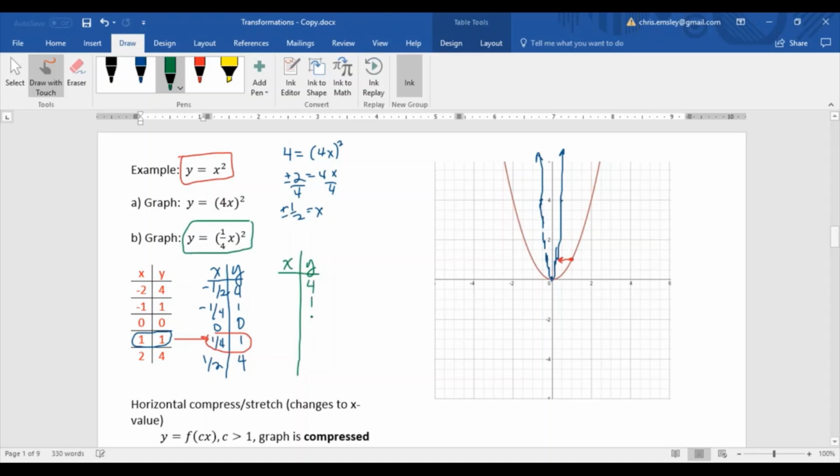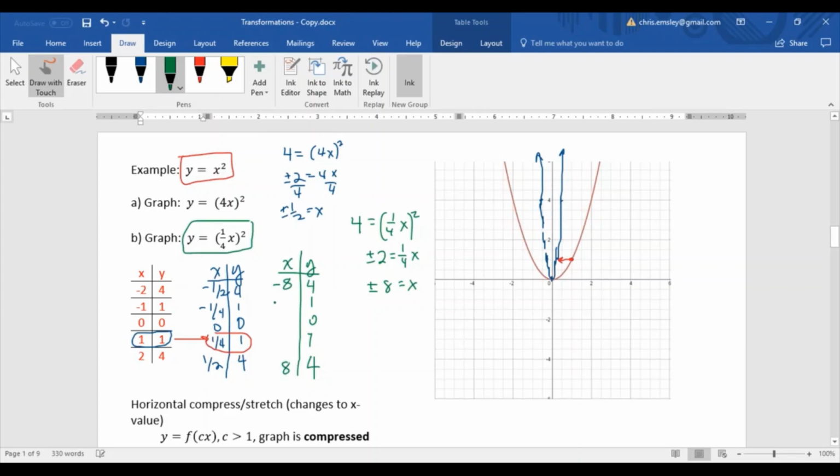Same idea. I'm going to keep my same y values again because, spoiler, I'm going to tell you this is going to be a horizontal change. So 4 equals (1/4 x) squared. Square root of both sides, multiply both sides by 4, so we get a negative 8 and a positive 8 will each give us 4.